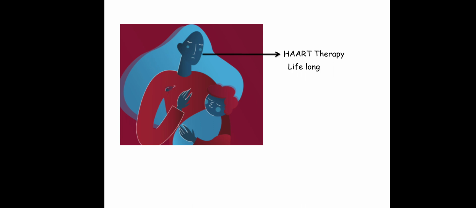Now regarding the baby, after delivery the baby should also be given a drug, and the drug given to the baby to prevent vertical transmission is nevirapine. Nevirapine is a first generation NNRTI, and it is given for 6 weeks after delivery. If the mother has already been exposed to nevirapine earlier, then the baby should be given another drug, that is zidovudine.